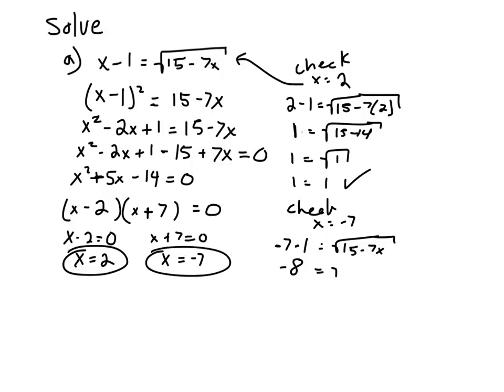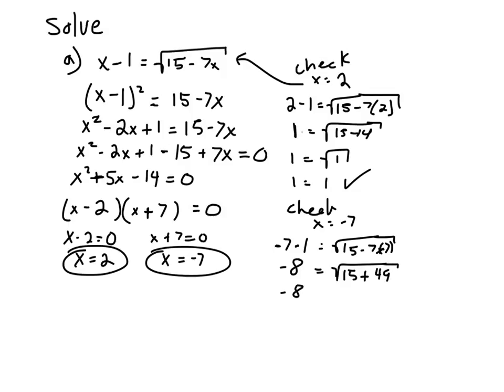Let's see. Instead of that being a 7, that should have been negative 7. Instead of that being an x, it should have been negative 7. Okay. So negative 7 minus 1 is negative 8, equals the square root of 15 plus 49, because negative 7 times negative 7 is plus 49.